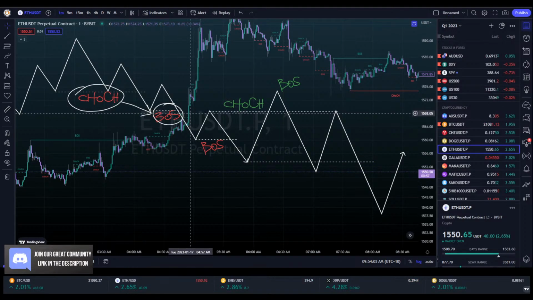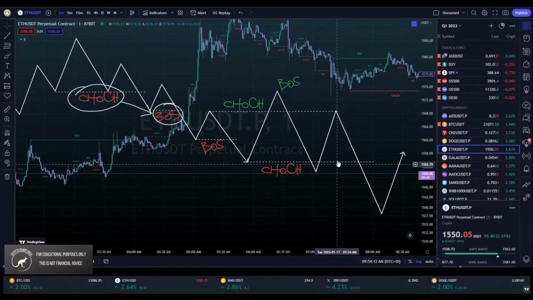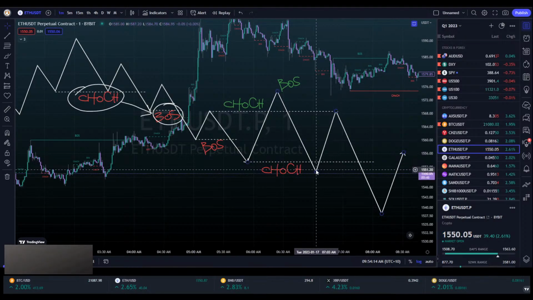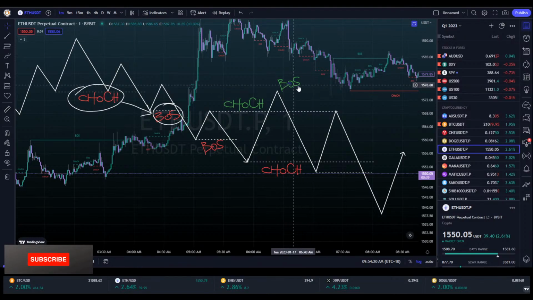So you would have another bearish change of character, and then what you're doing is waiting for a break of structure off this low here to confirm that the trend changed direction back to the downside.